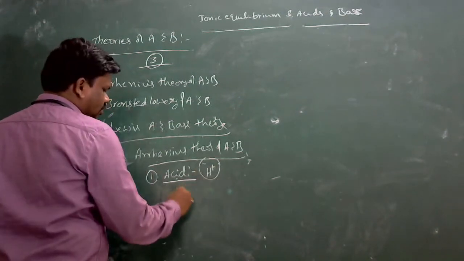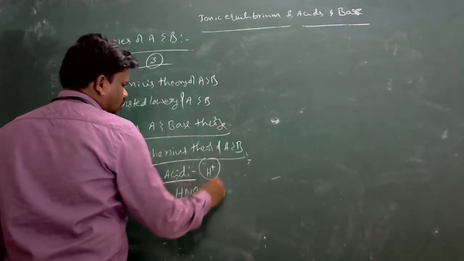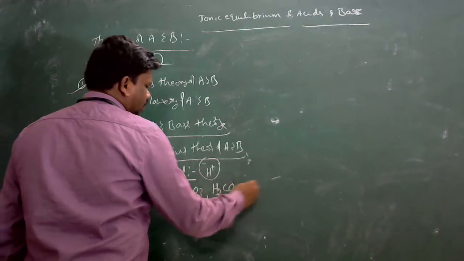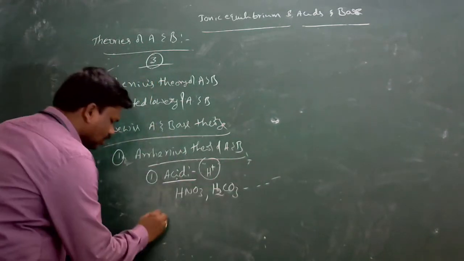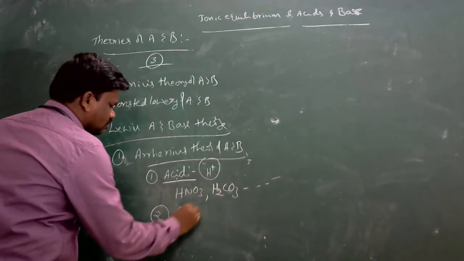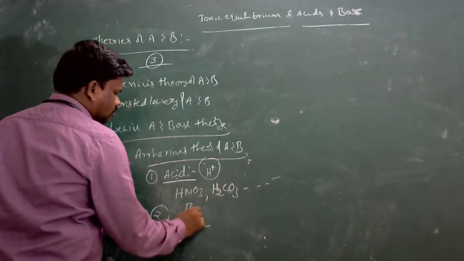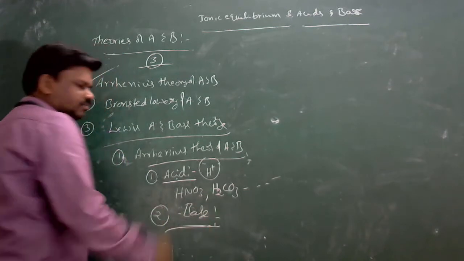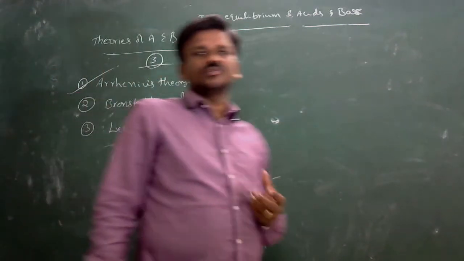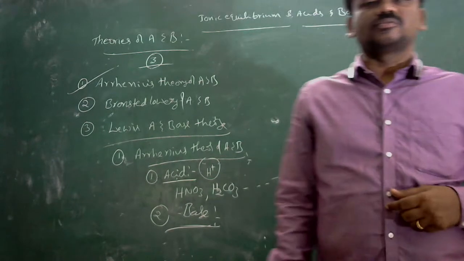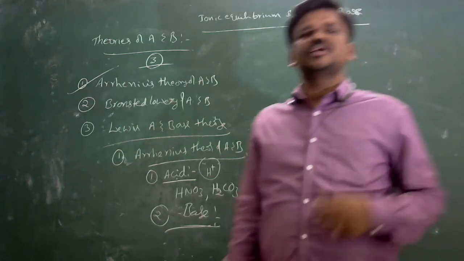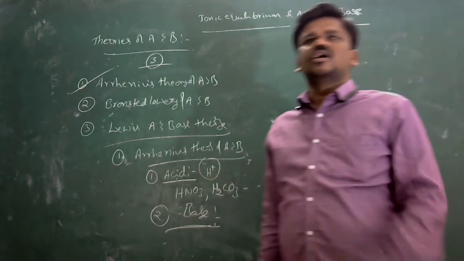For example, HNO3, H2CO3 and so on. Another one, Arrhenius base: a substance which ionizes in aqueous solution to produce OH minus ions is called an Arrhenius base.